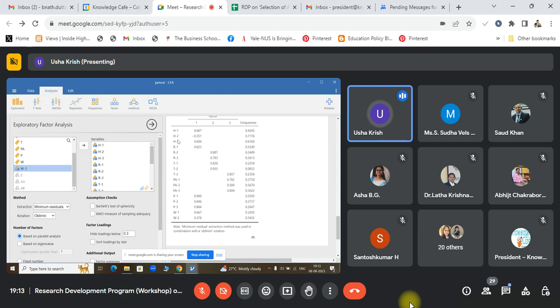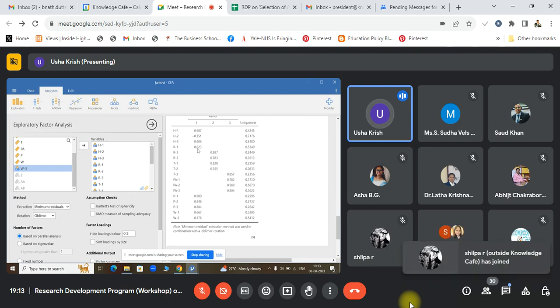See, H1, H2, H3 means HR practices. R means recruitment and selection. The first factor includes human resources practice and recruitment and selection. That is not possible.